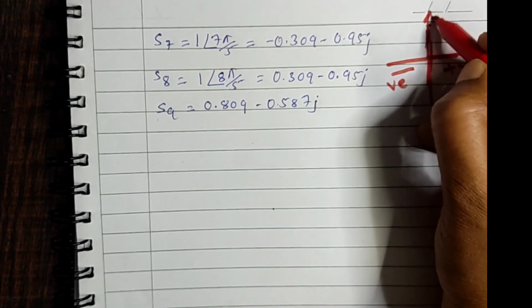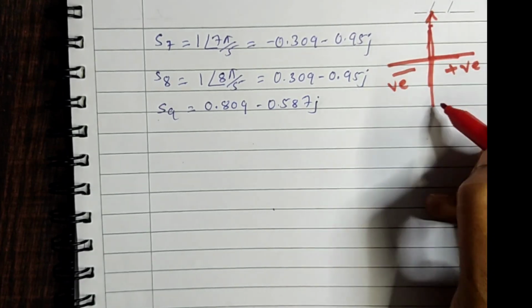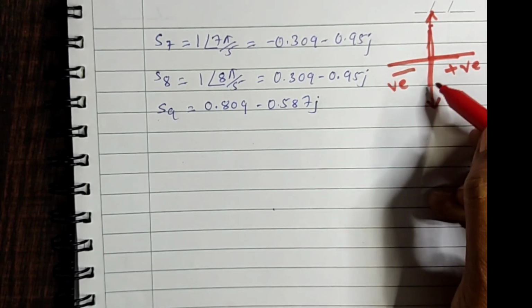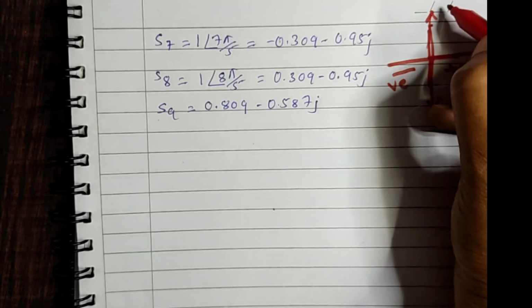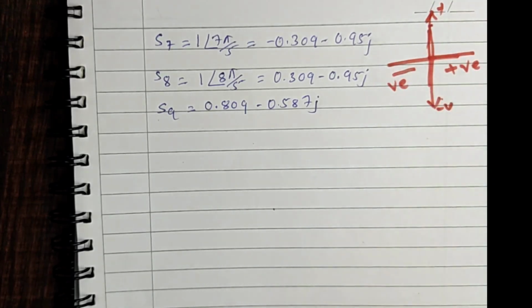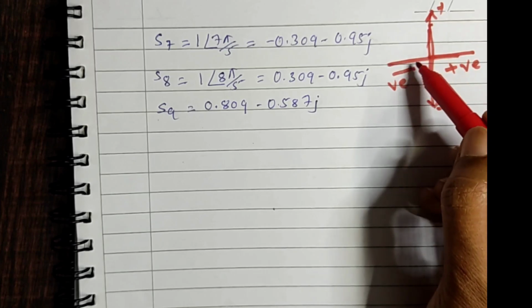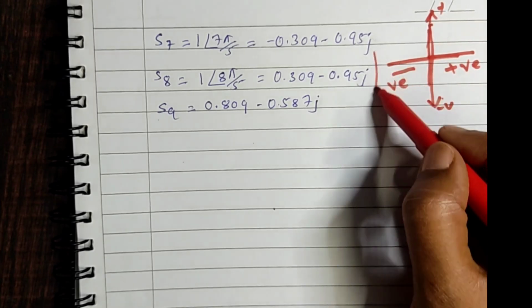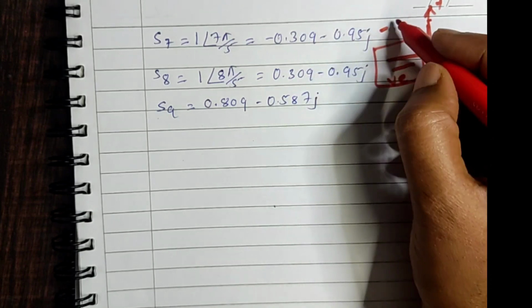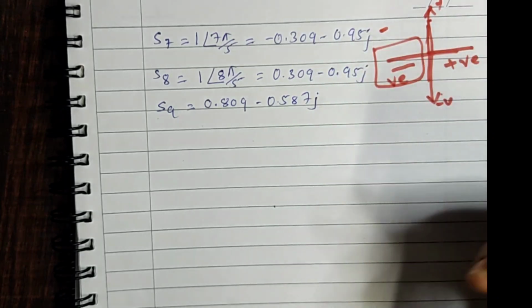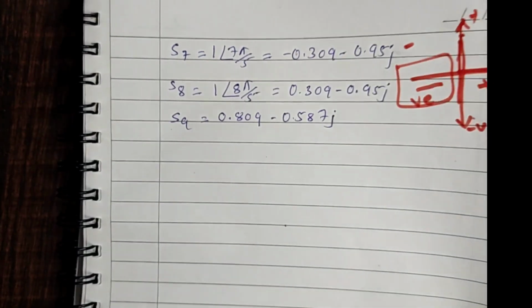This is the magnitude of positive y-axis, and this is y-axis negative. Poles are supposed to lie in the left side of the S-plane. It means these roots, or poles, are supposed to be minus. Let us check one by one.